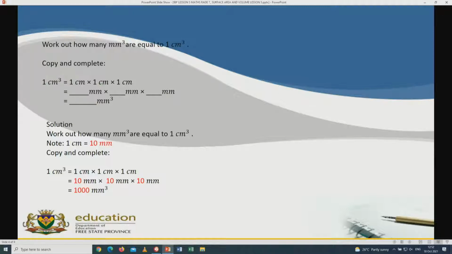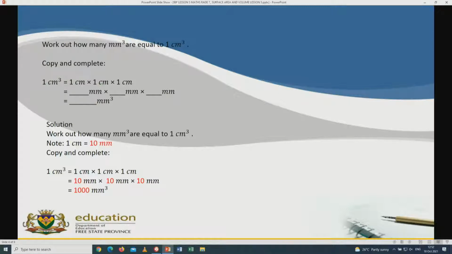It says 1 cubic centimeter will be equal to 1 centimeter multiplied by 1 centimeter multiplied by another 1 centimeter.